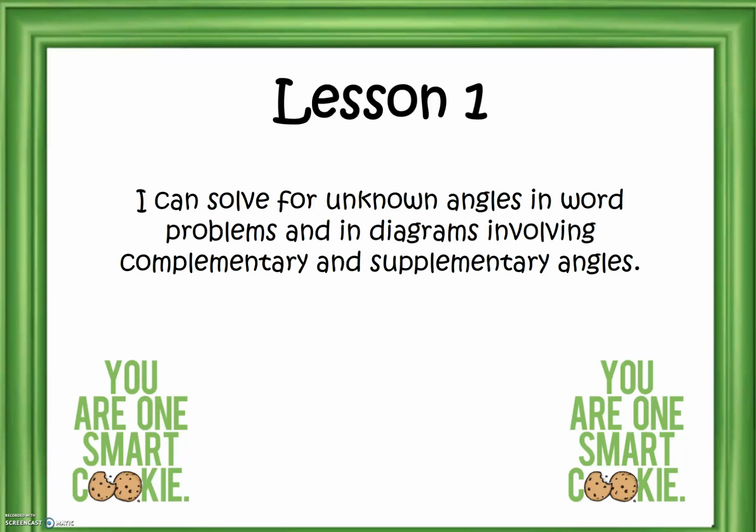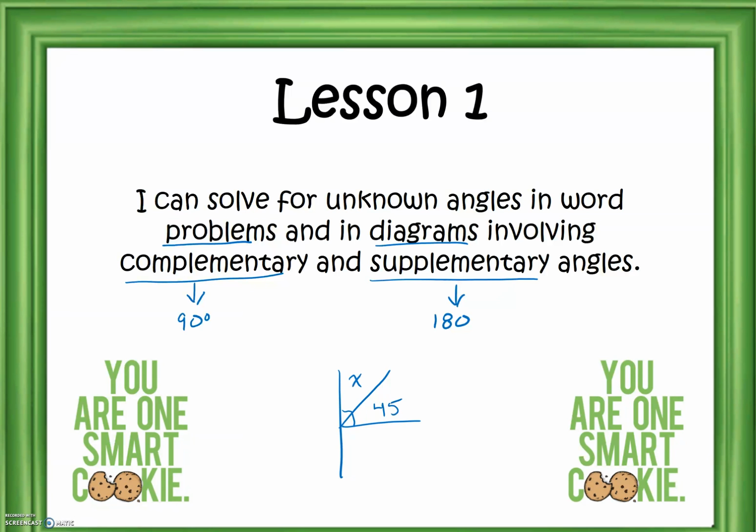The learning target for lesson 1: I can solve for unknown angles in word problems and in diagrams involving complementary and supplementary angles. Again, complementary adding up to 90 degrees, supplementary adding up to 180 degrees. The majority will be diagrams, pictures that will be drawn with angle relationships, and we'll have to figure out what certain angles are.